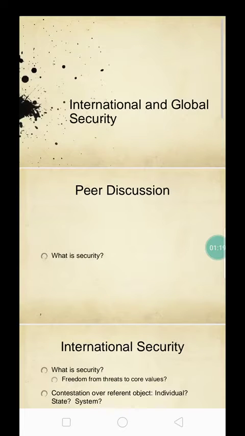How is security achieved? Security is a contested subject, and when we say contested, it is something that is being argued or questioned. Security has no definitive definition.